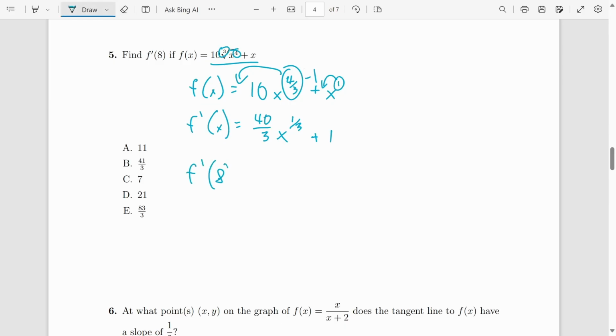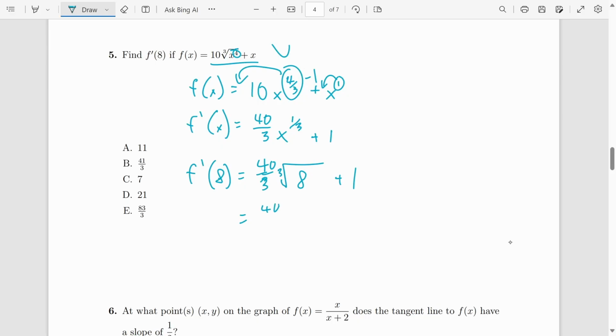Evaluating this at 8, f prime of 8, we get 40/3 times, so this 1/3 power is the same as a cube root, what we did at the start of the problem, we just go in reverse. So this is 40/3 times the cube root of 8, plus 1. That's a cube root, not a square root.